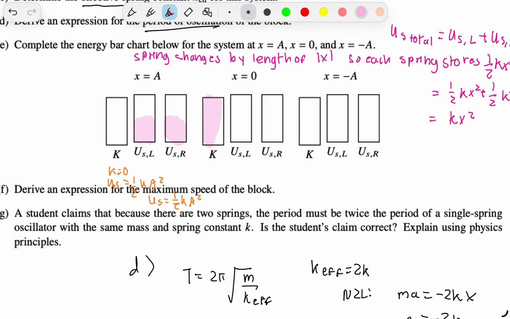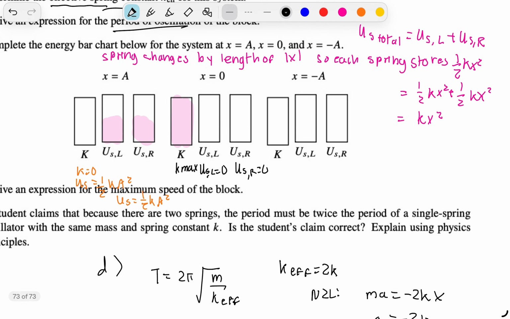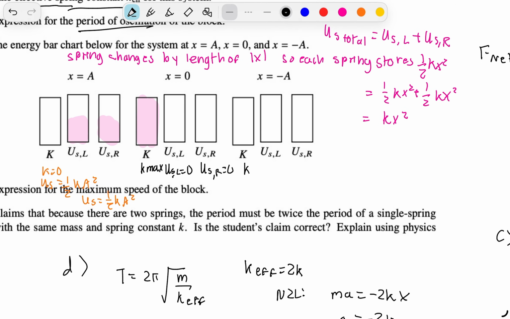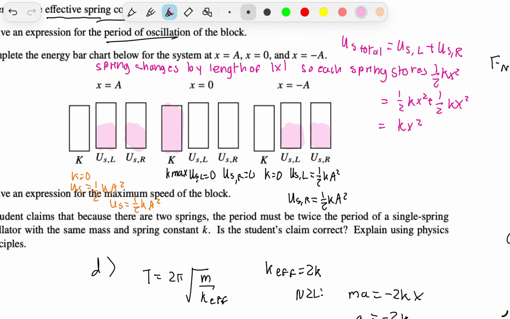So k max is going to be everything. At negative a, you have k is 0 again. And we have that they're both equal to 1/2 again. So our energy is just alternating between kinetic at equilibrium and spring potential when you're at the turning points.